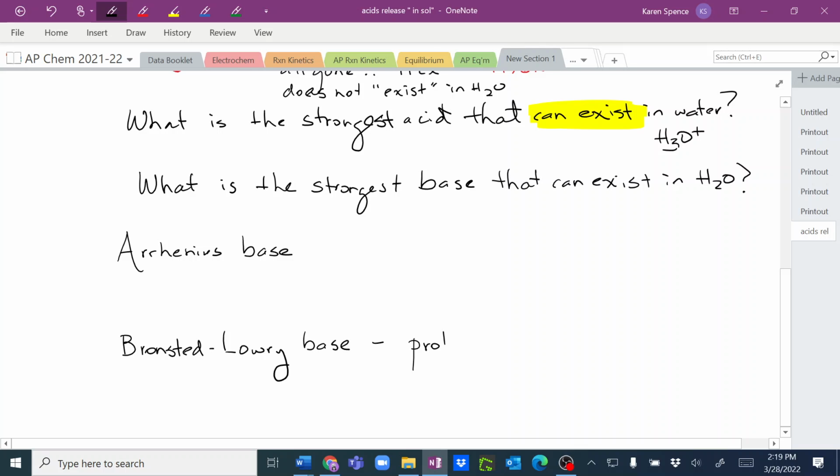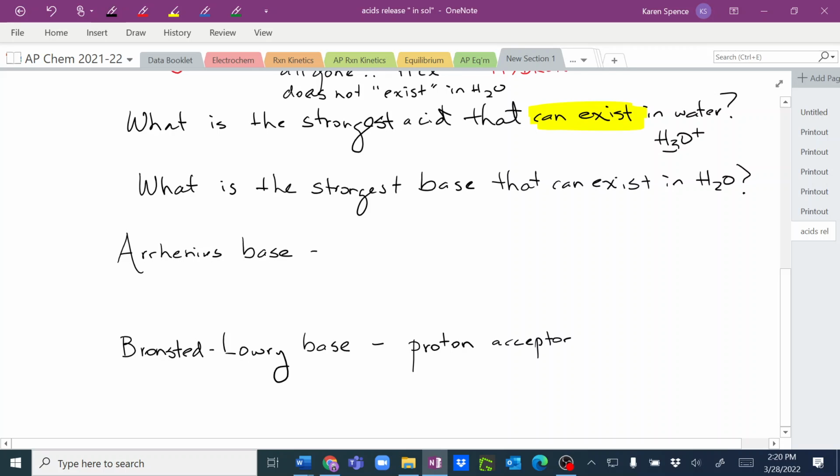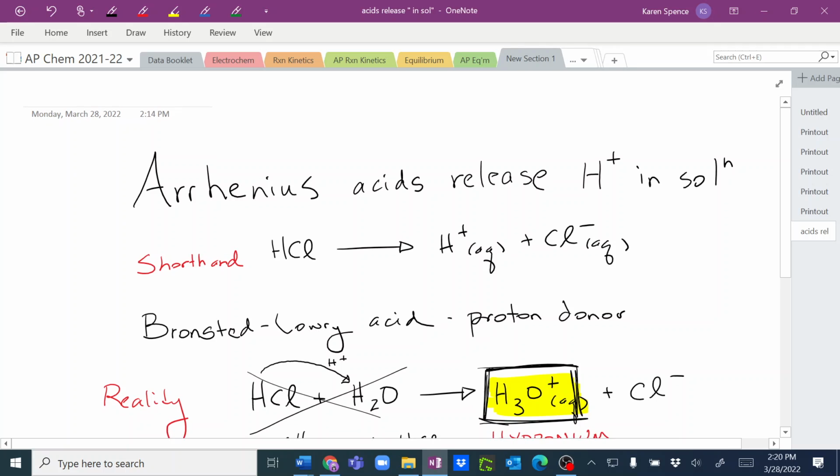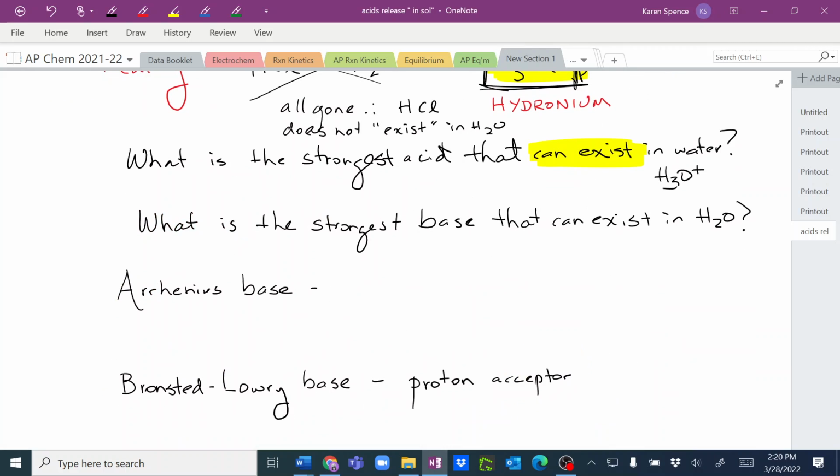A proton acceptor. What's the definition of an Arrhenius base? An Arrhenius acid was a substance that releases H+ in solution. What is an Arrhenius base?